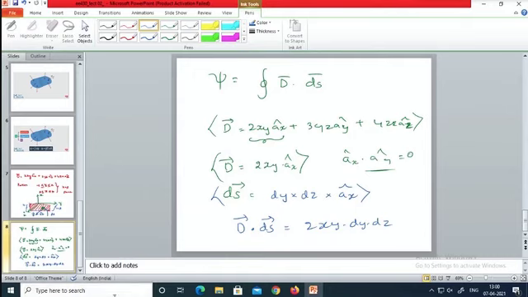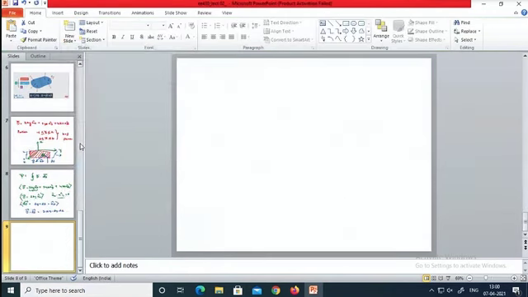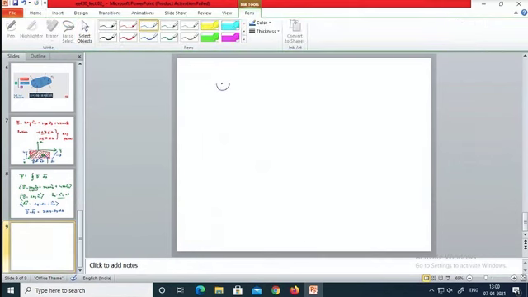Therefore, you'll get it like this. So now psi is equal to the closed loop integral of D dot ds vector, which is nothing but 2xy dy dz.